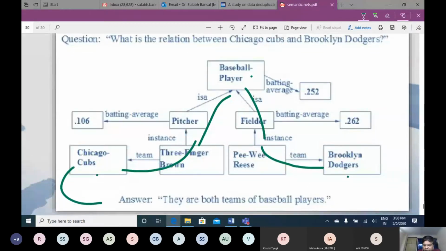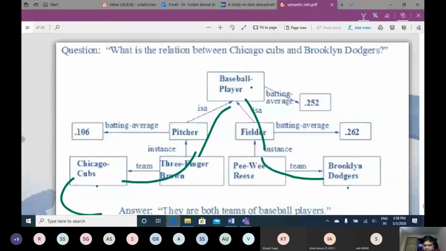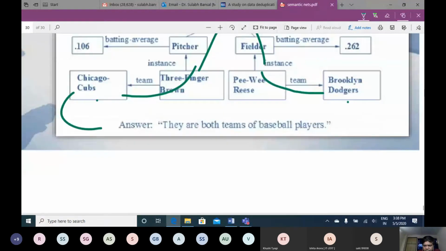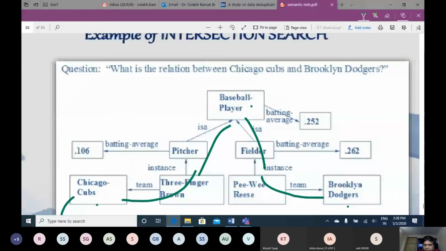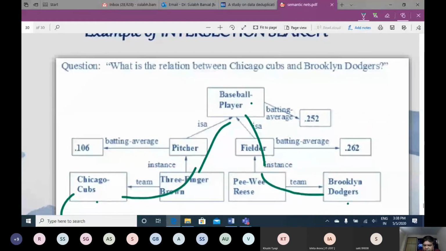You can find them using the intersection search. And you can find the answers to questions, for example, related to properties of the superclass, using inheritance.